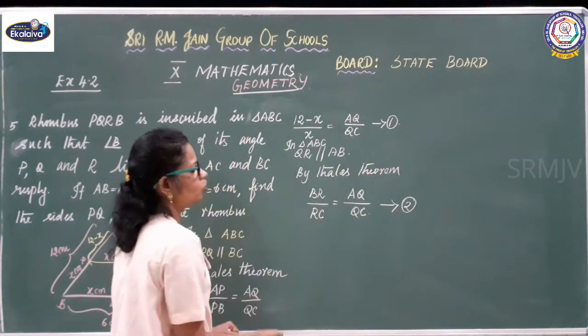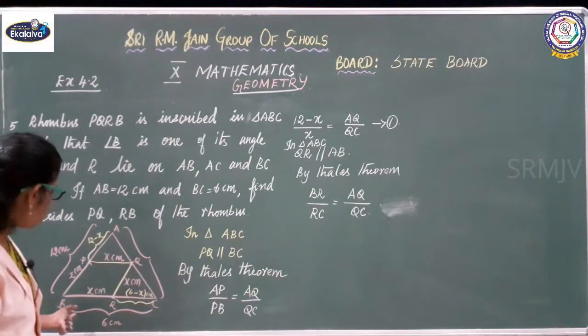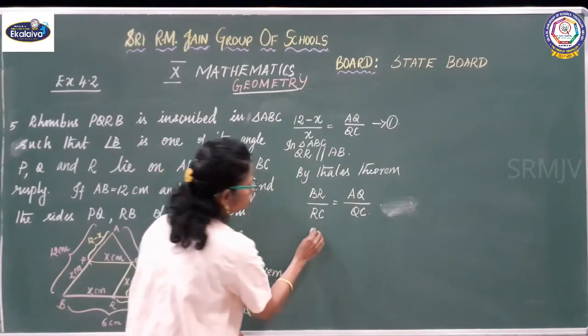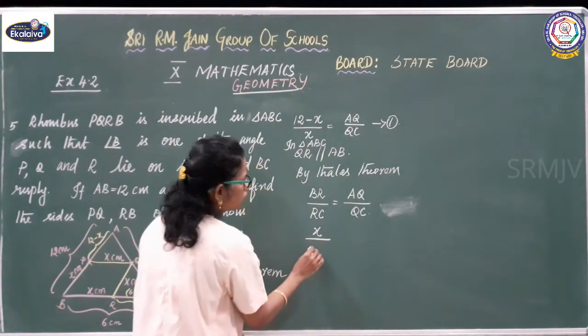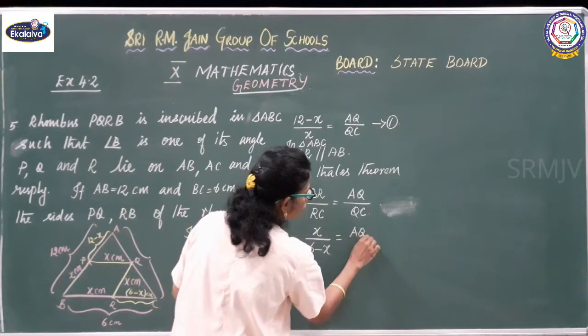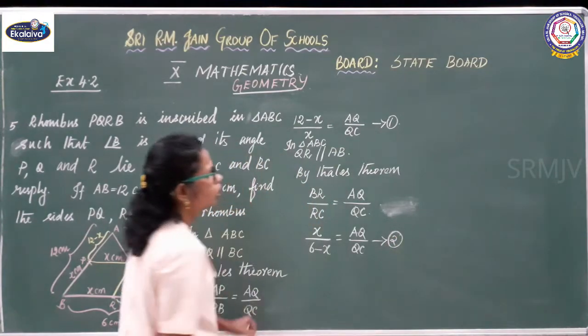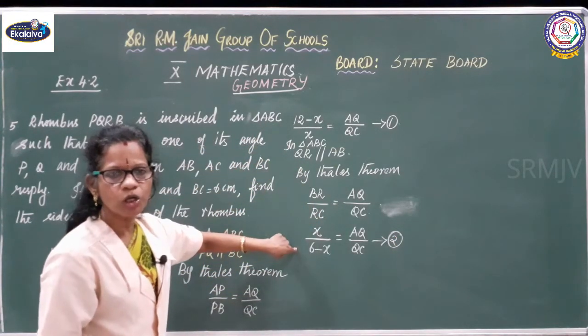From 1 and 2, you know the value of BR. What is BR? BR is x. What is your RC? 6 minus x, equal to AQ by QC. That is equation number 2. Now, from 1 and 2, what you observed?